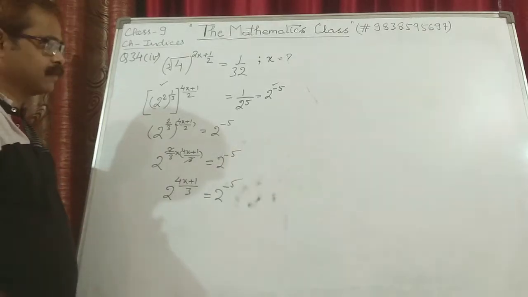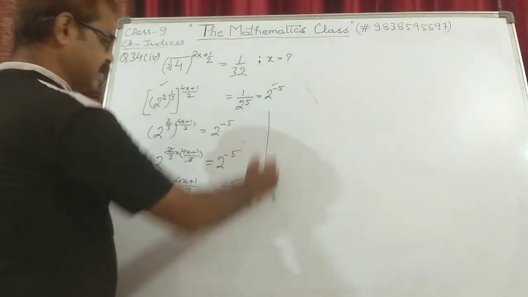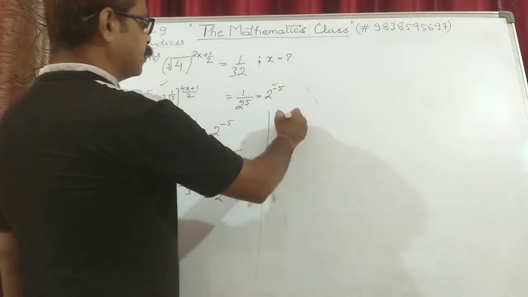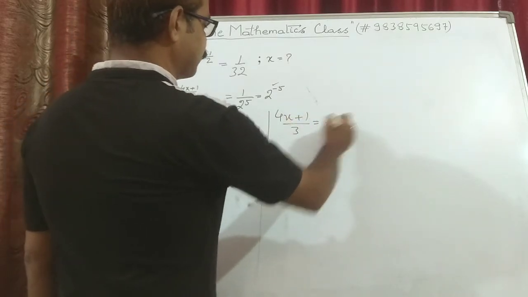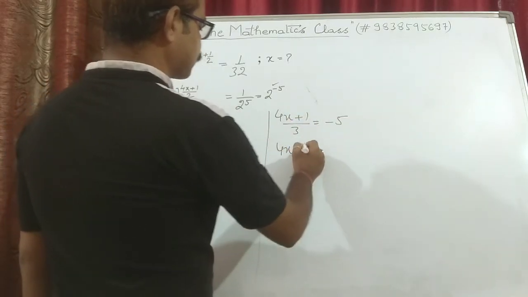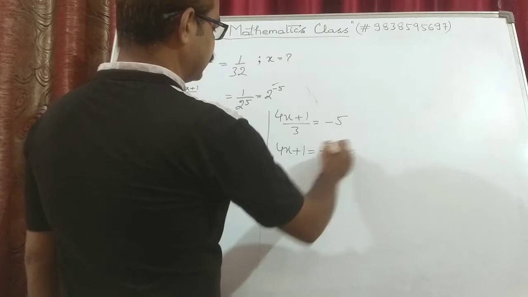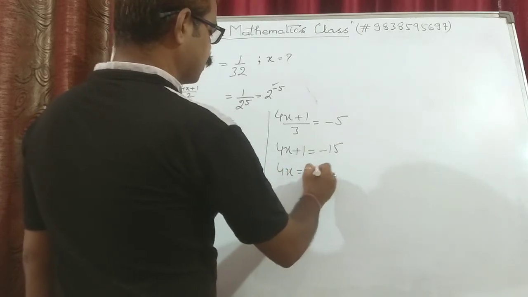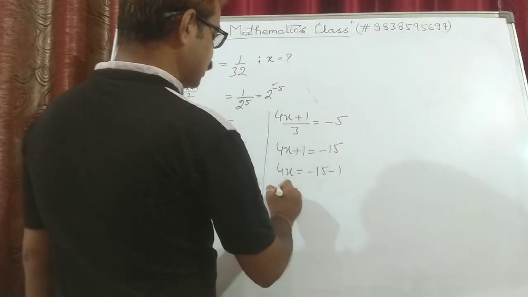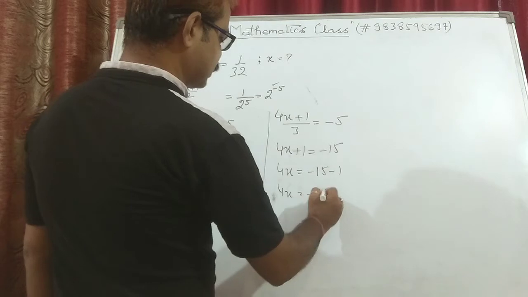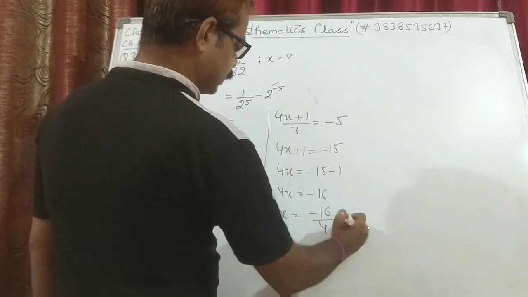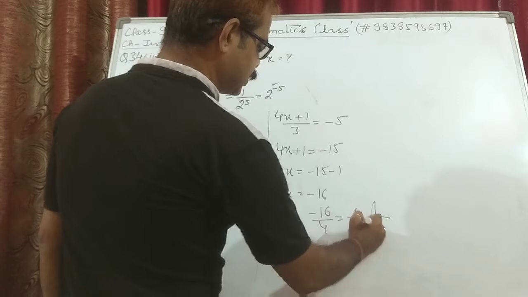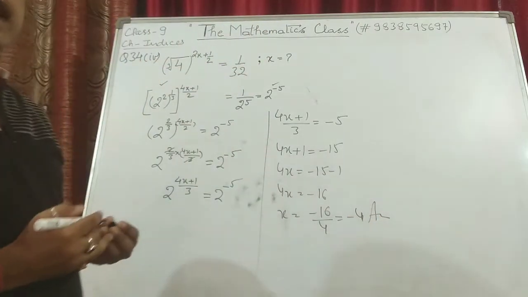When the bases are equal, we can equate the powers. So 4x plus 1 upon 3 is equal to minus 5, cross multiply. 4x plus 1 is equal to minus 15. So 4x is equal to minus 15 minus 1, so 4x is equal to minus 16. So x is equal to minus 16 upon 4, that comes out to be minus 4. That is the final value.